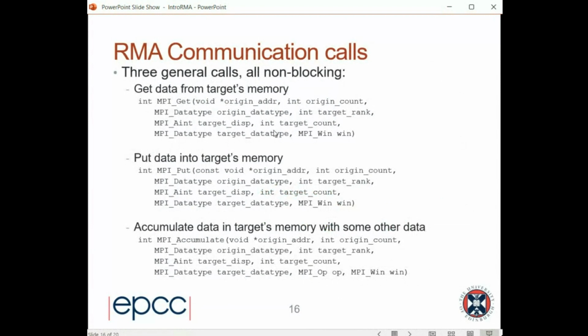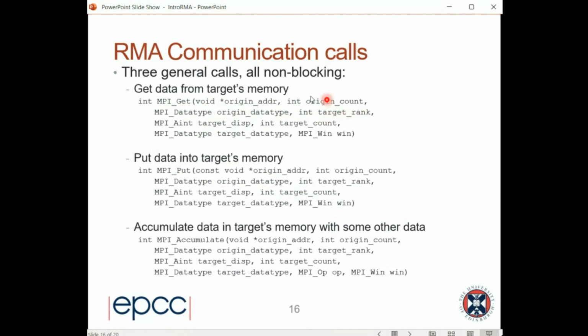Within what MPI calls the exposure epoch, between these 2 fences, you can get data or you can put data. To get data, it's MPI_Get. It's a bit like a receive, a bit like a send-receive. You say where you want it to go locally. This is your receive buffer, receive count, receive type.